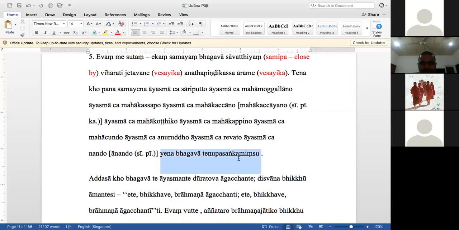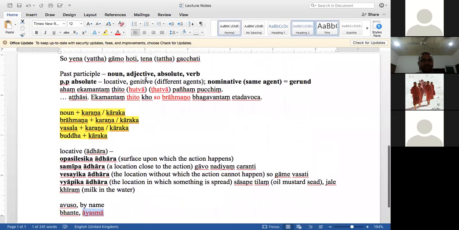Here you can know, as we discussed last time, the place where you go, or the person you approach, can be written in the nominative case, surrounded by yena and tena. Another point for your knowledge is that this yena and tena, the location that we arrive at, can be extended.